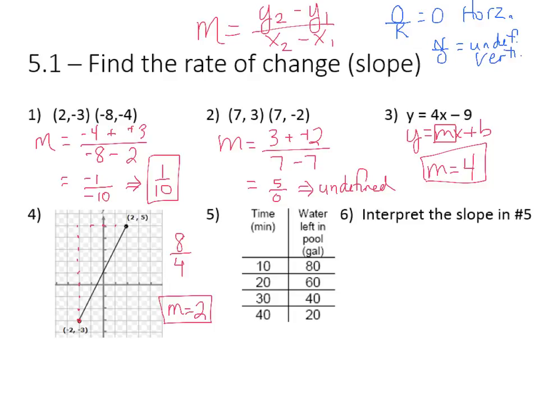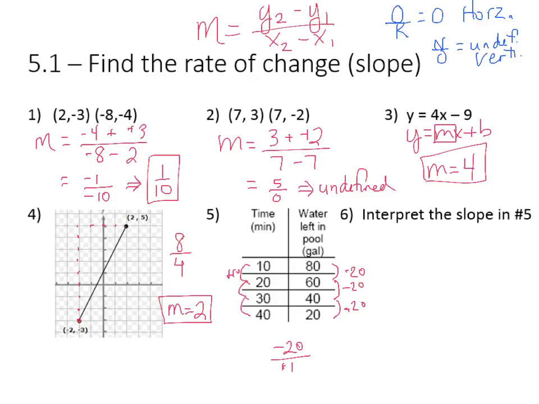If I give you a table, you should be able to find the rate of change. Remember, you're looking at how is the y changing. So it looks like it's going down 20 every time. That's your change in y, negative 20. And then you come over here and see what is your change in x. That looks like that's going up 10 every time.